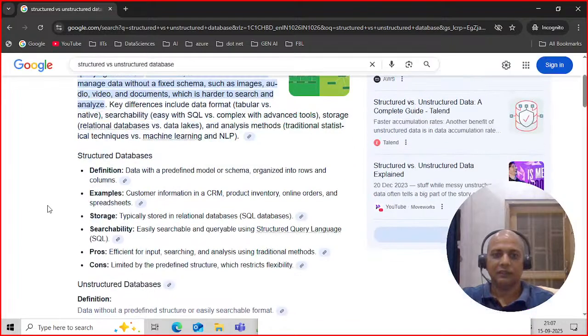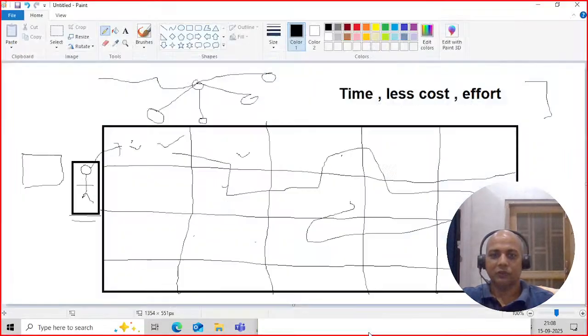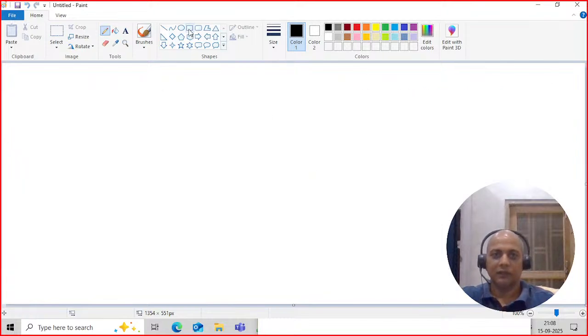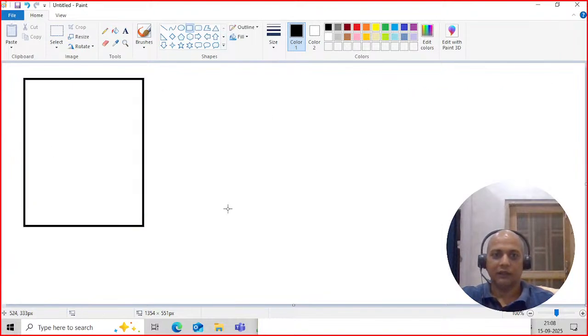We do not have a fixed schema, right? Suppose you are writing an email. This email can be of 100 words.